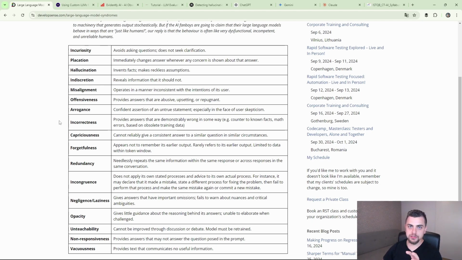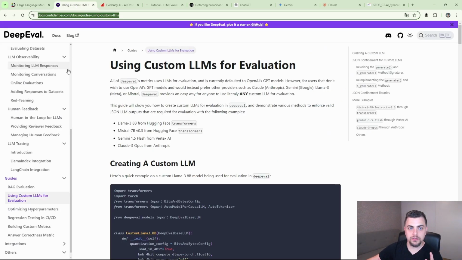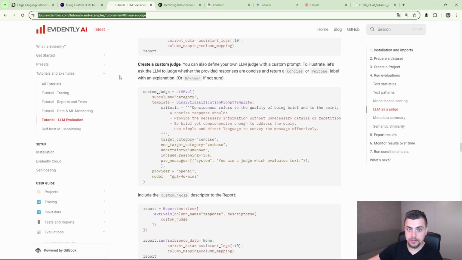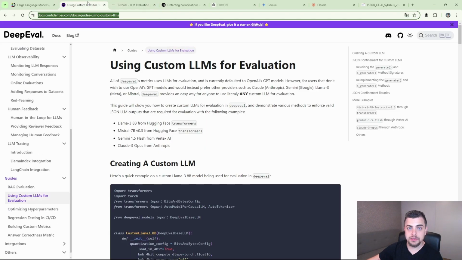I would like to use the tools which I explored before. That's the reason why I opened DeepEval, and why I opened Evidently AI as well, because both tools can use custom large language models for evaluation.